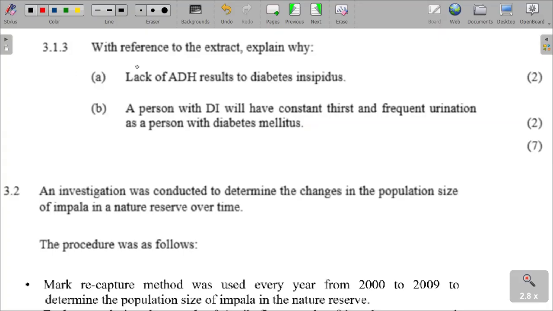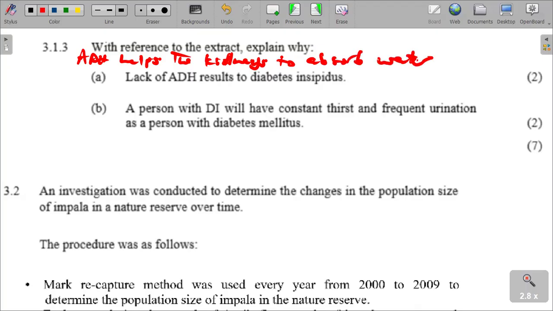This is also given there: ADH helps the kidneys reabsorb water. That is one thing that we are quite aware of. It helps the kidneys to absorb water.